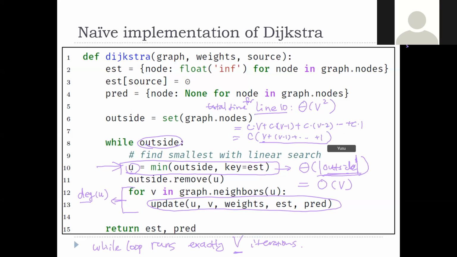But this is just an arithmetic series, and this still gives me big theta of V squared. Or you can understand it as: this step takes at most V time, and it has to be executed V times. That's why it is big O of V squared, an easy bound to get. It turns out it's also tight, so it's big theta of V squared. That's the time for line 10.